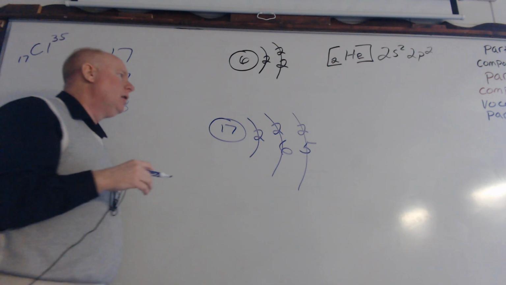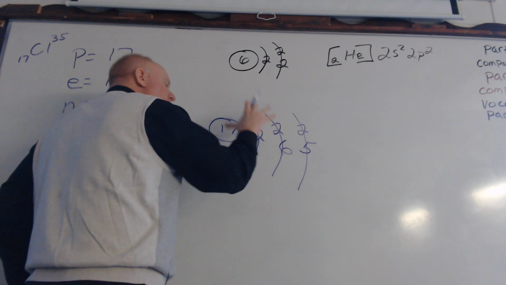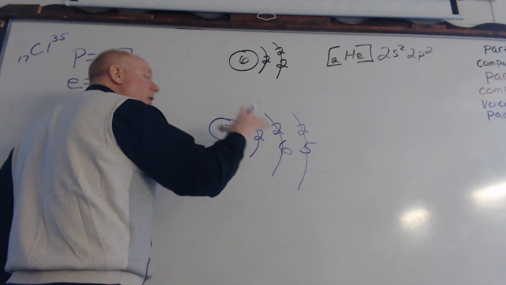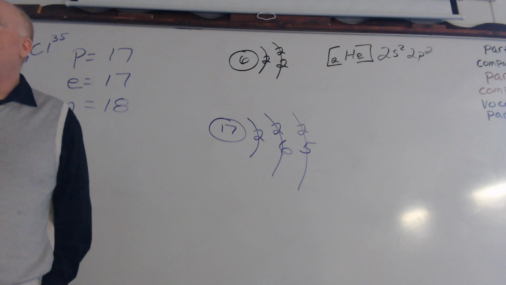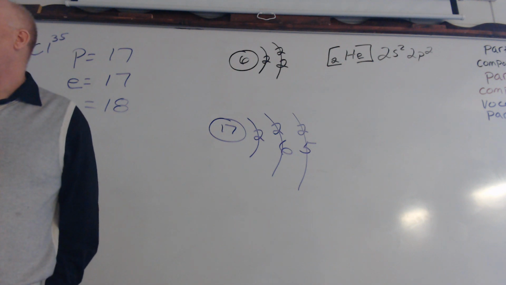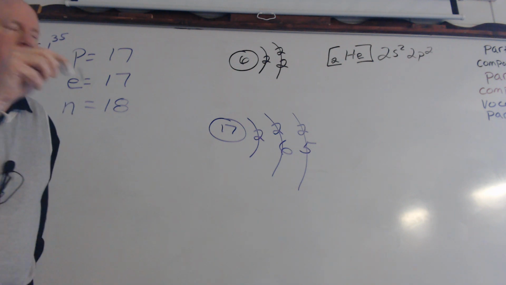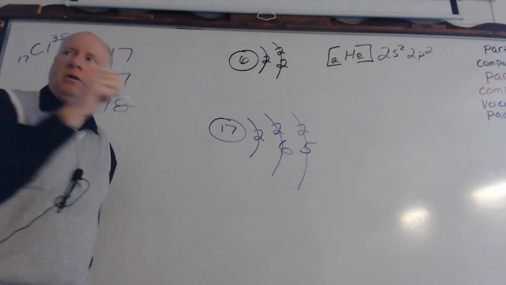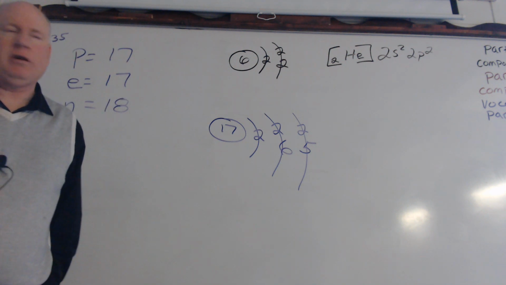Okay? Now, this element is neutral. So if this gains an electron, which it wants to do, okay, that illustrated that in that Hunting the Elements video, and they probably come across it here at some point.